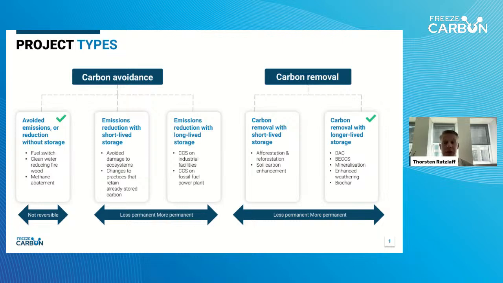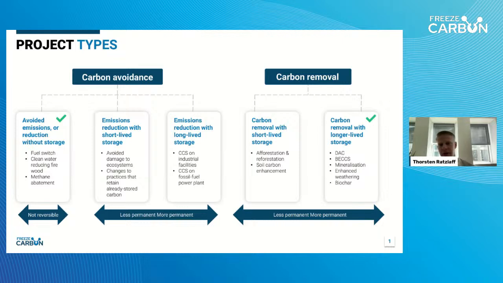So a deep due diligence is extremely recommended, and this is something, of course, we at Freeze Carbon do on a daily basis and can help you with. So carbon avoidance projects are priced on average around €5, so rather affordable.